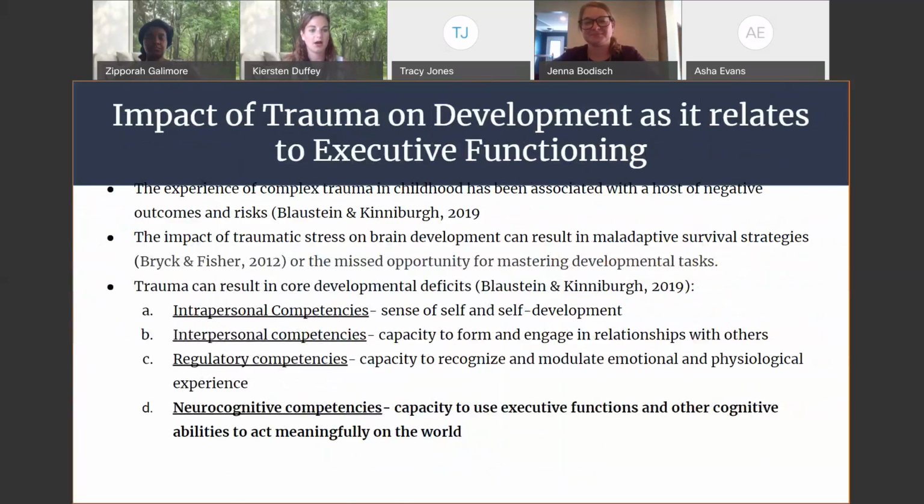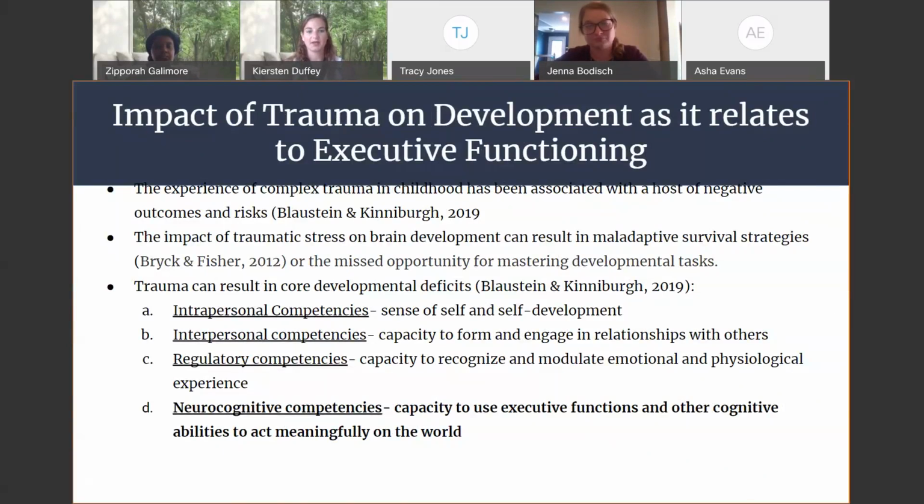Thank you. So when a child repeatedly experiences traumatic stress, the brain changes to aid in basic survival. Unfortunately, many of these neurological changes result in behaviors that are useful for survival, but prove maladaptive to successful functioning in our society.